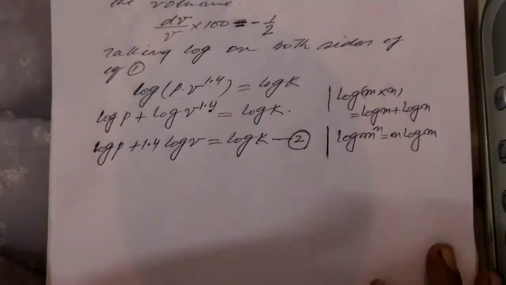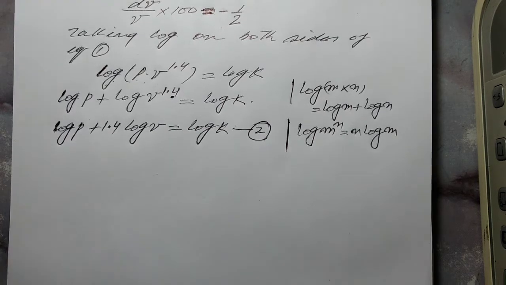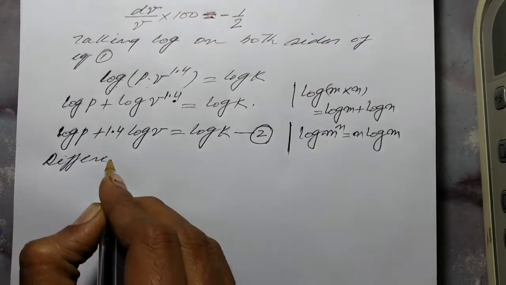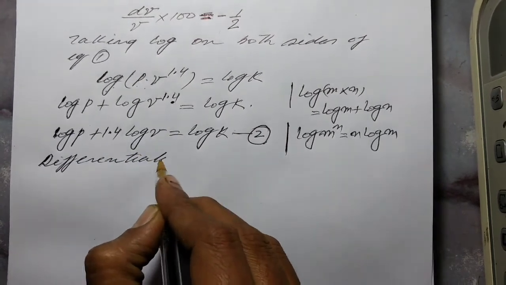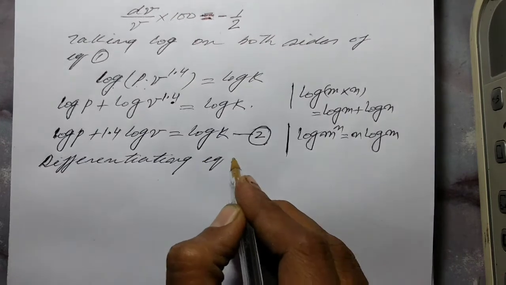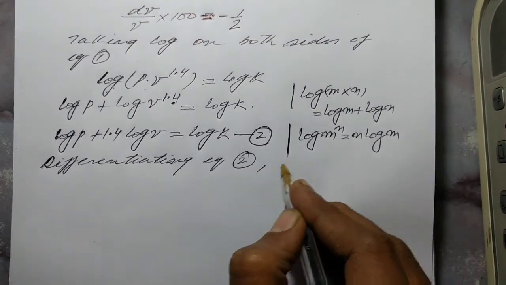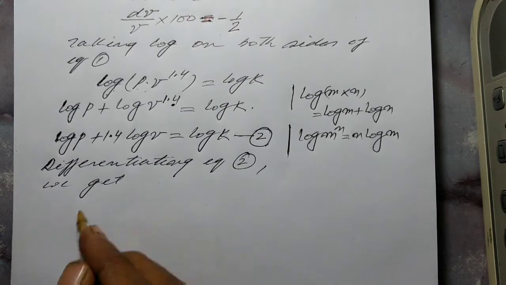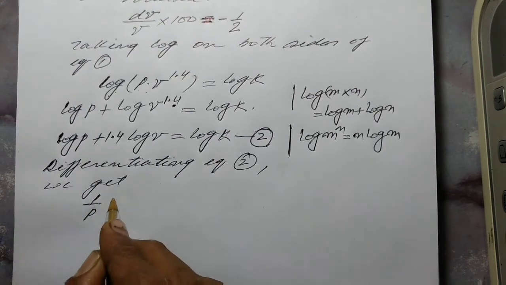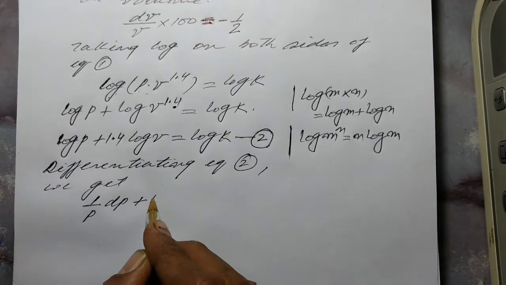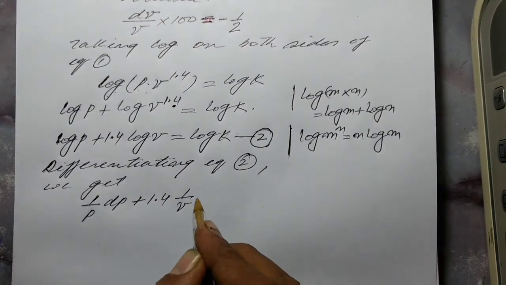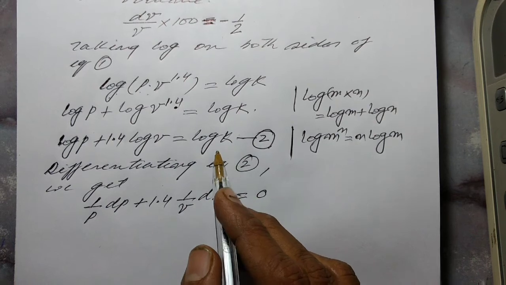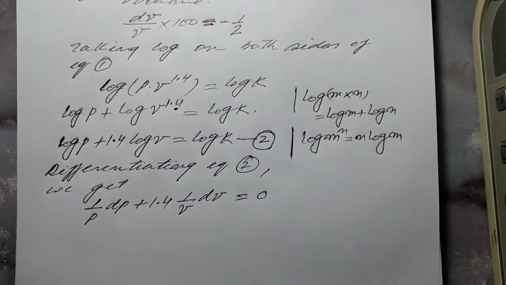After that, differentiating equation 2, we get 1 upon P into dP plus 1.4 into 1 upon V into dV is equal to 0, because K is constant, so log K is considered to be constant, and the differential of a constant is 0.